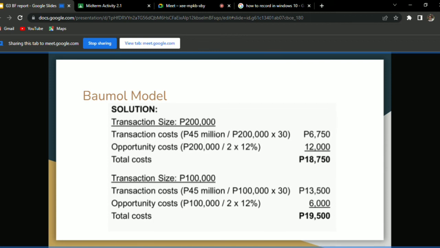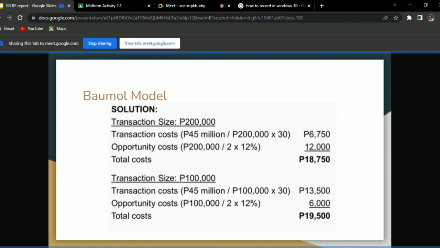Next, kay dako man kayo ang opportunity cost. Ang opportunity cost, mao ni siya ang murag mawala nimo, murag lugi nimo if imuhang i-sell ang imuhang investment, ang imong securities. So ganahan nimo nga ang naa sa utok ay pagamihan na lang ang transaction size para mugamay ang opportunity cost.